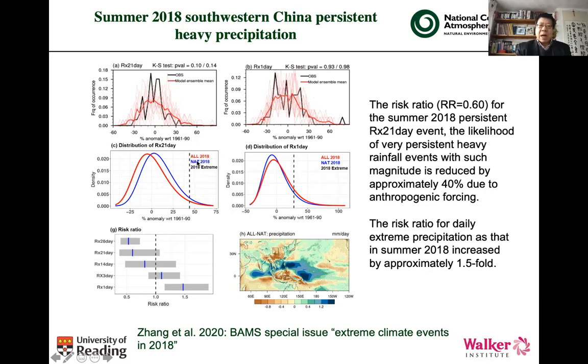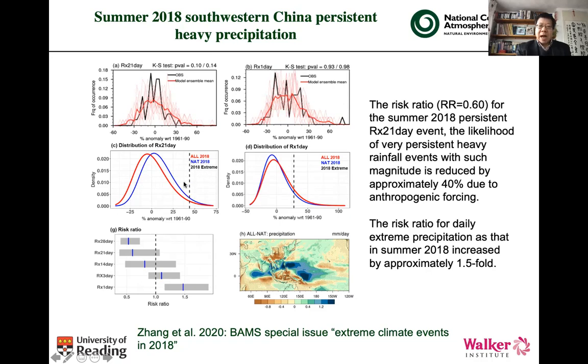And this shows a PDF for 2018 simulations, with the red line for the real world and the blue line for the counterfactual or natural world. The dashed line is the 2018 threshold. You can see that with anthropogenic forcing included, the PDF shifts to the left, indicating that for the 21-day maximum precipitation, the probability decreases by including anthropogenic forcing.